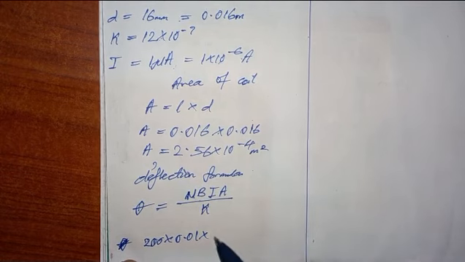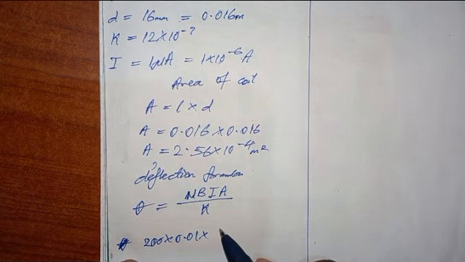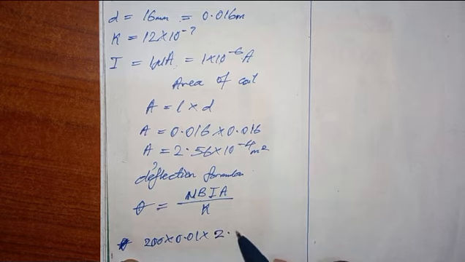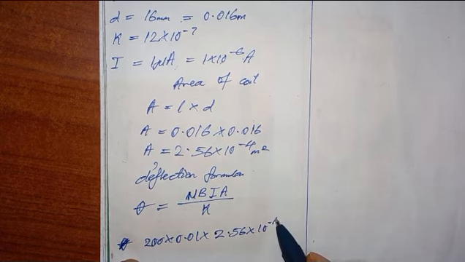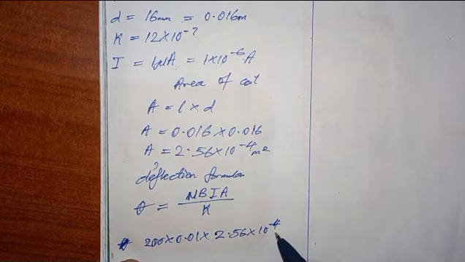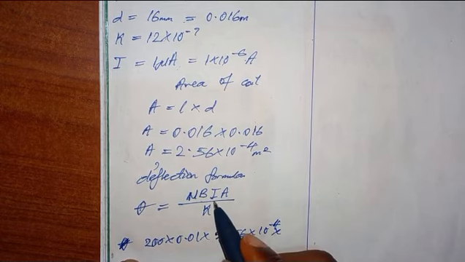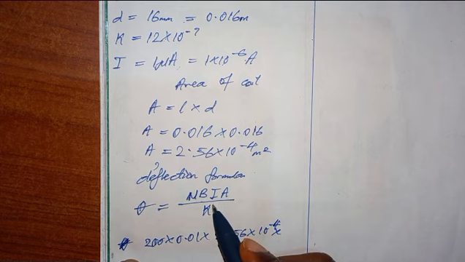Times the area we also solved here to be 2.56 times 10 raised to power minus 4, and times what else, current. Oh, I was supposed to bring current before area, but there's no problem there.